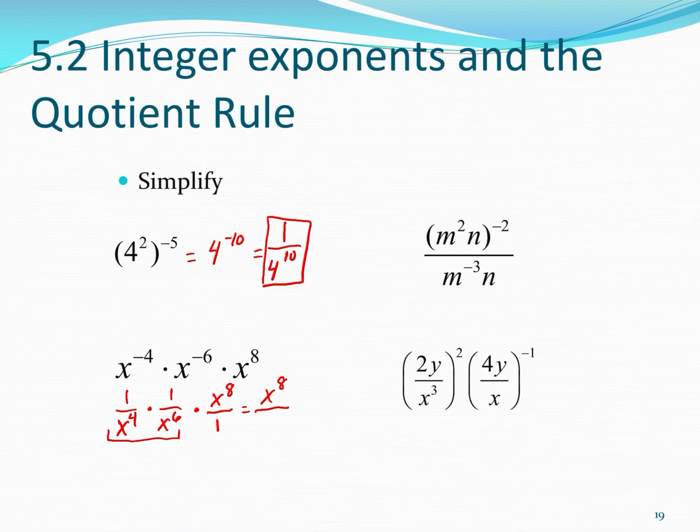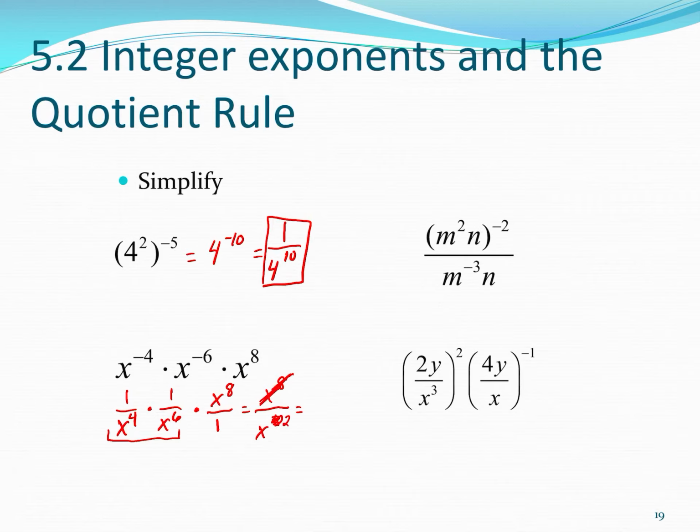Our next step is to use the product rule. Well, the product rule comes into play here when you're multiplying x to the 4th times x to the 6th. Because we know that when we multiply fractions, we multiply straight across. And so, in this case, we're going to have x to the 8th on top. So 1 times x to the 8th. And then on the bottom, we do have the product rule, that x to the 4th times x to the 6th. Product rule says we're going to keep the base and add exponents.